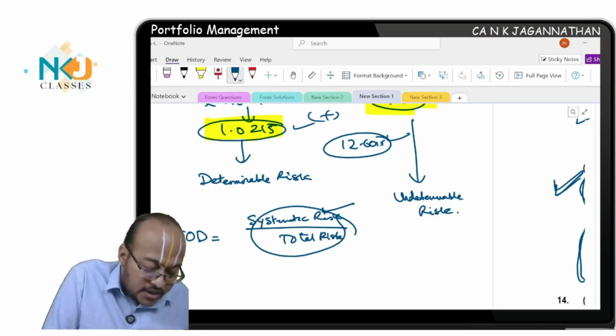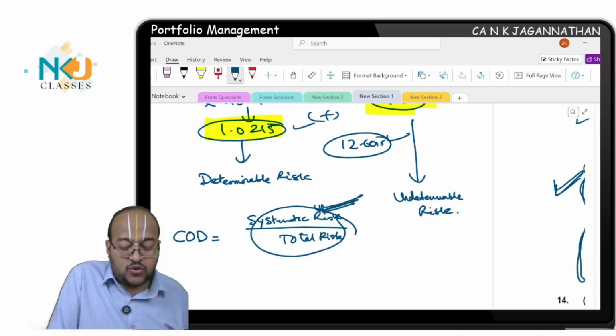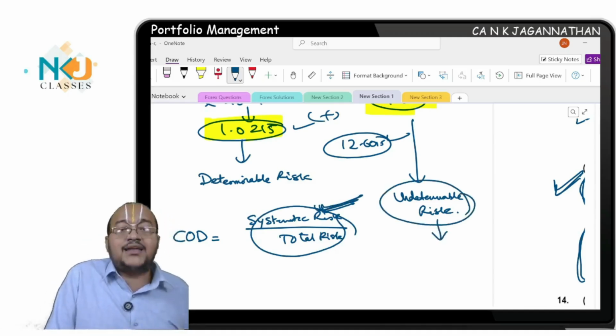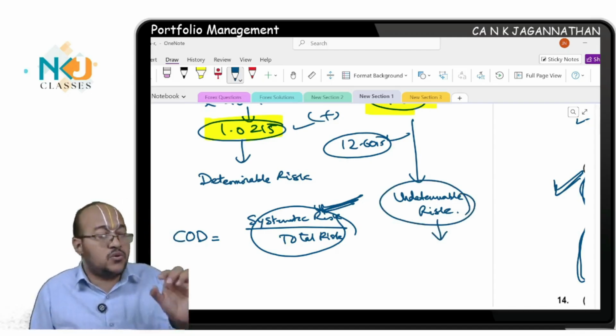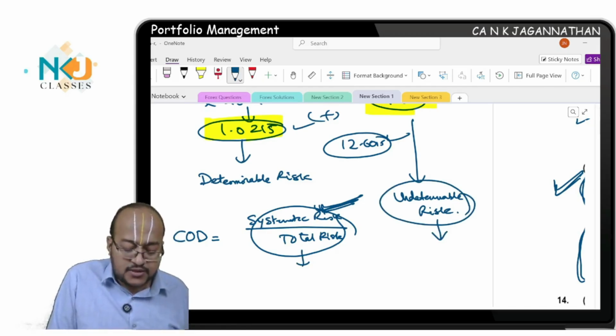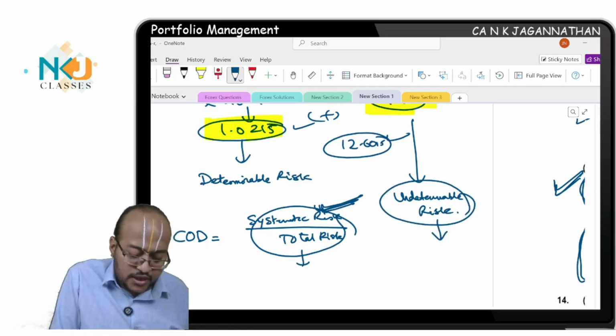This I call the coefficient of determination. You will get it in percentage terms out of 100. Now, you tell me, what is the systematic risk?